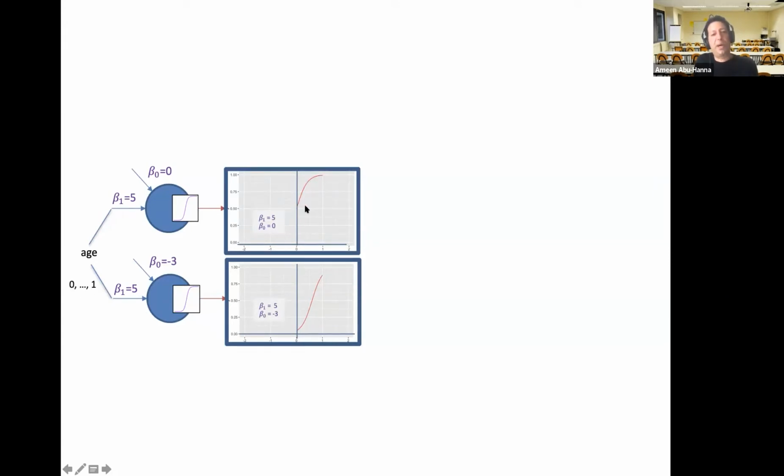I just want to show you how you can get arbitrarily complex models. This neuron produces this form. This one produces this form. I can go another step ahead. I can take this output multiplied by -1, which will flip the outcome.